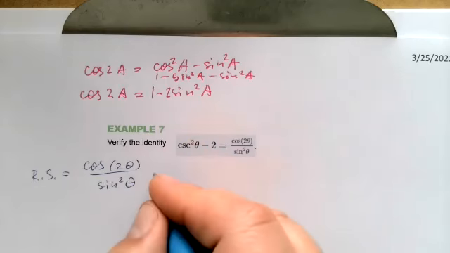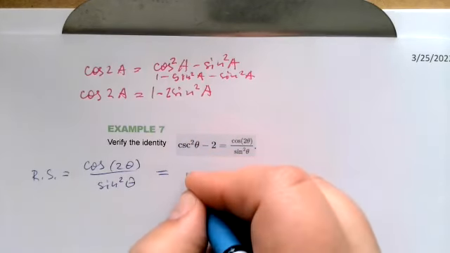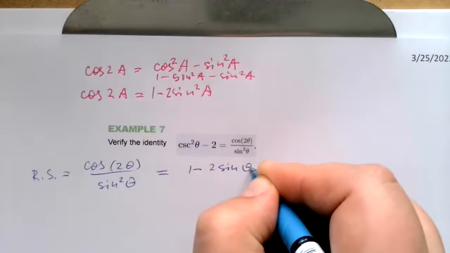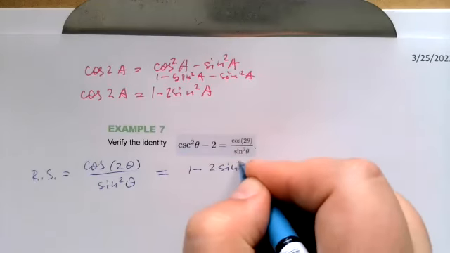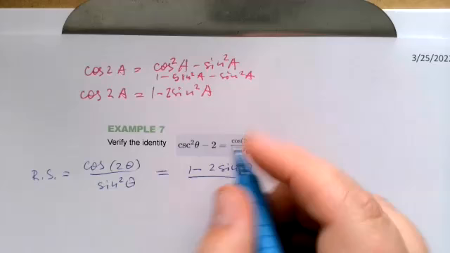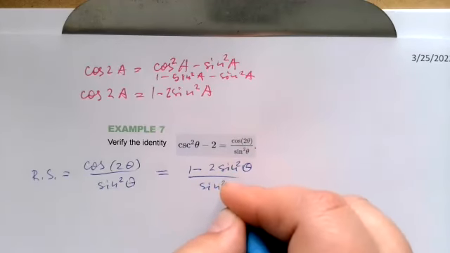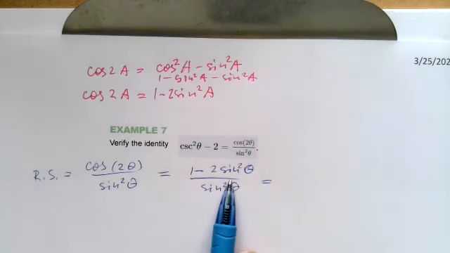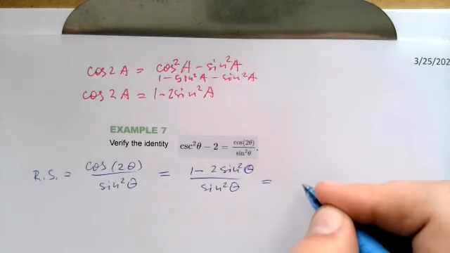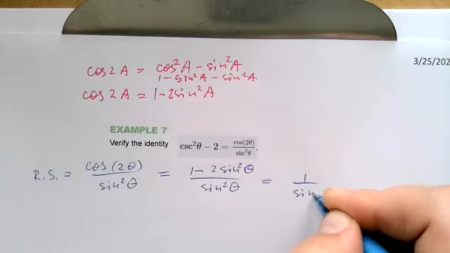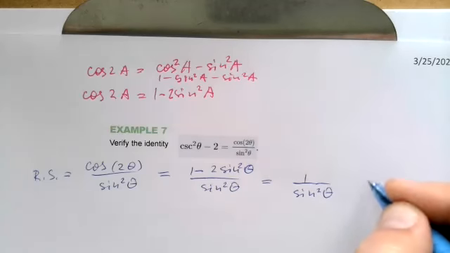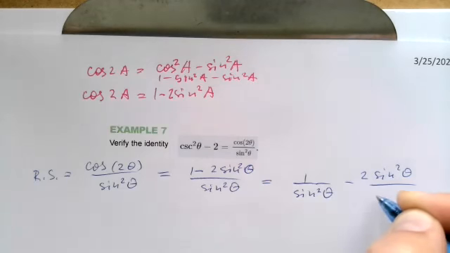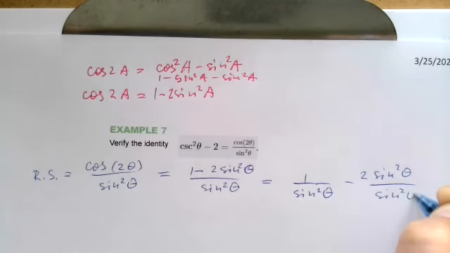To make that substitution, this is 1 minus 2 sine squared theta, and sine squared theta on the bottom. Okay, now I'm going to separate into two fractions. So it's going to be 1 over sine squared theta minus 2 sine squared theta over sine squared theta.